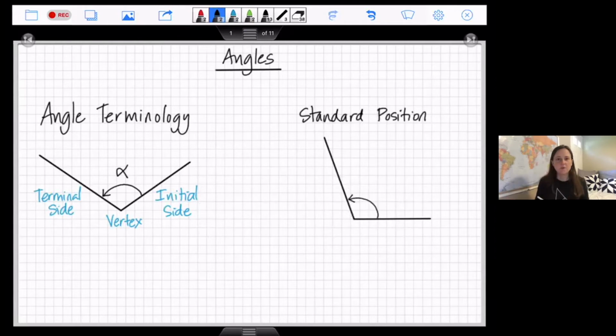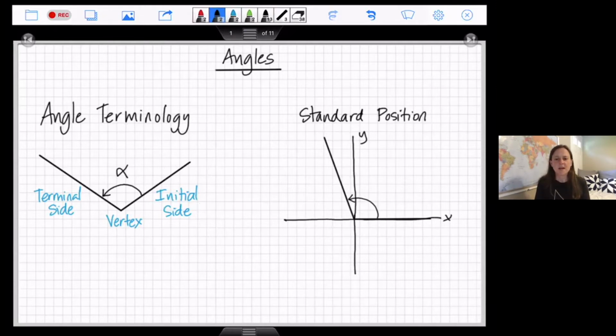And then I'm going to throw the X and Y axes on here so that they are going through the vertex. Here's the Y axis. And the X axis is right there. So my X axis, my Y axis. Okay, so when you do this, when you put the vertex at the origin and the initial side on the positive X axis, then you've got it in standard position.